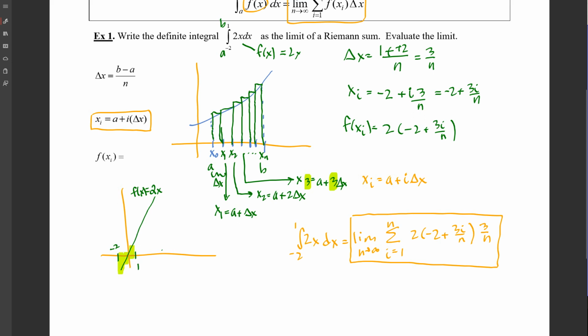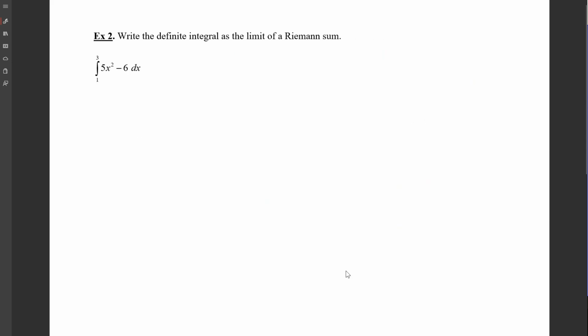It's a net area, so those areas added together: this positive area up here minus this negative area triangle down here. That is what this expression is pictorially.